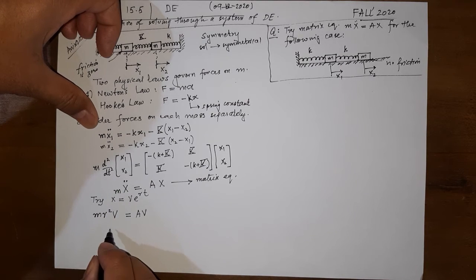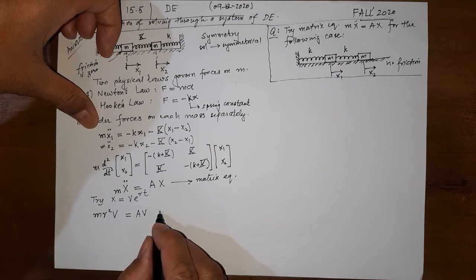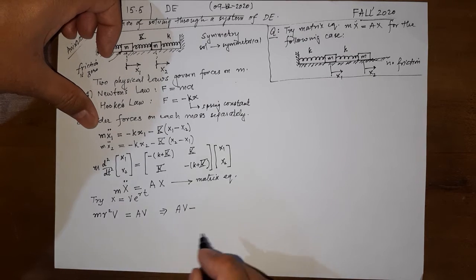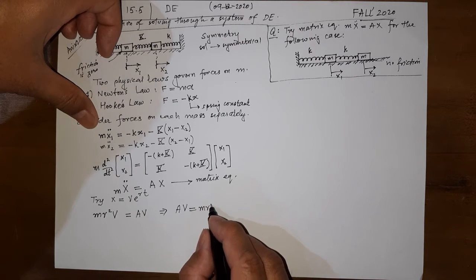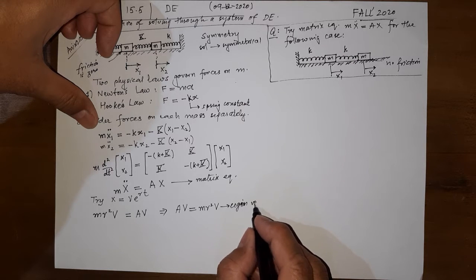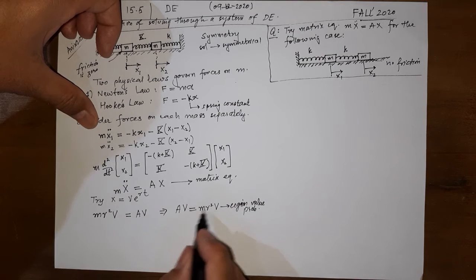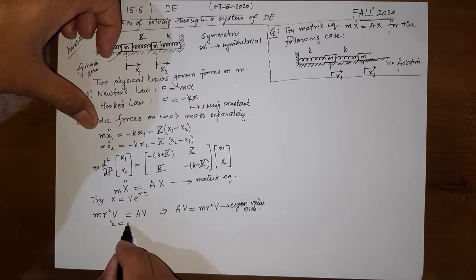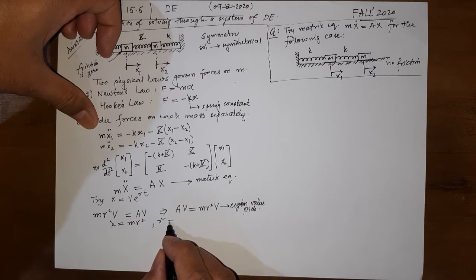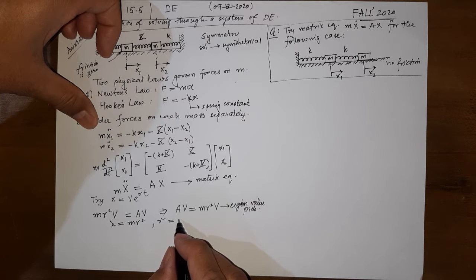You can now see that if we write it in that form, this is an eigenvalue problem. So here lambda is equal to m r square, or in other words, r is equal to plus or minus the square root of lambda over m.